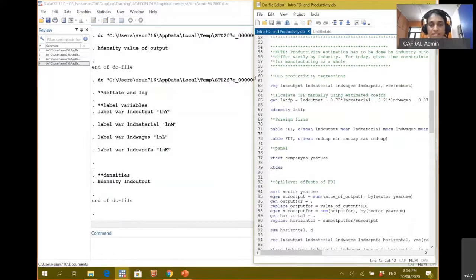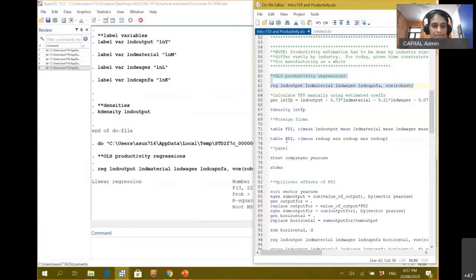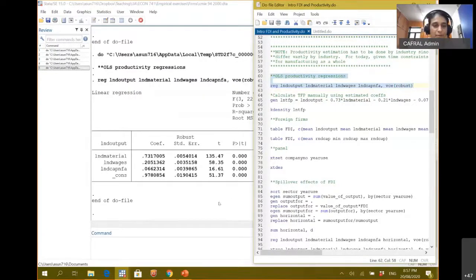What is the most simple way to run productivity estimation? You just run an OLS procedure with output on the left-hand side, and materials, wages, and capital stock on the right. So that's what I'm going to do here. Here are my coefficients: materials 0.7, wages 0.2, capital 0.06. Can you tell me something about returns to scale based on these coefficients?